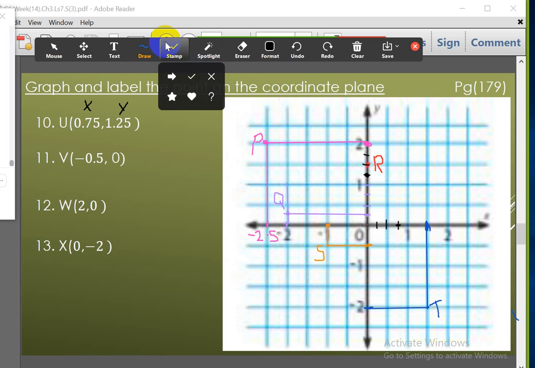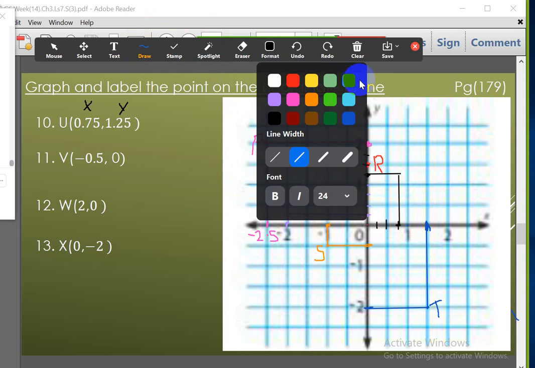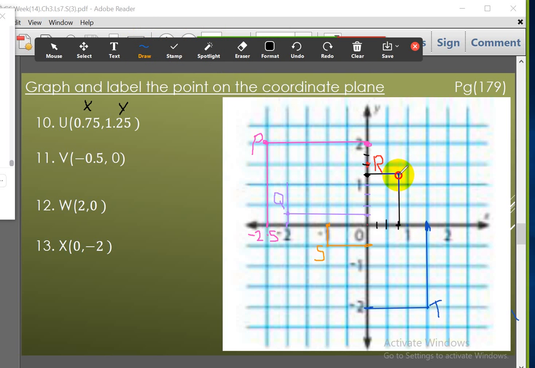Okay? Now, to find the point, I have to take a vertical line from the x-axis and a horizontal line from the y coordinate, so they will cross on the point. This is the point u.